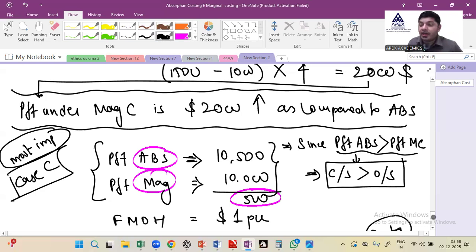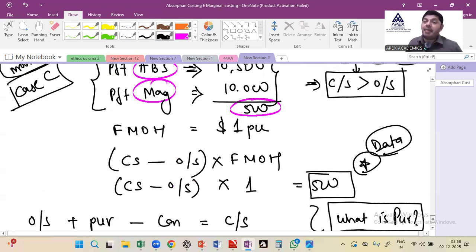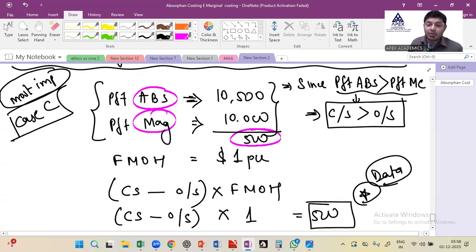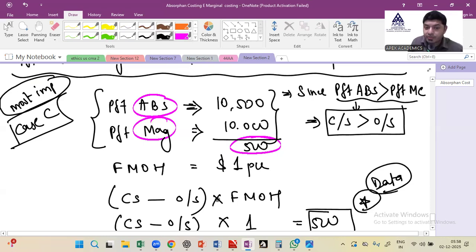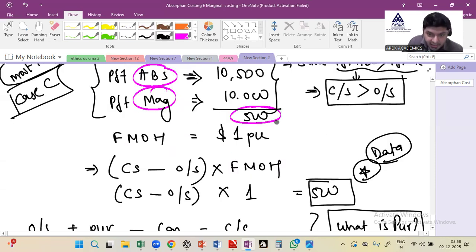The difference in profit under marginal and absorption is given to us by closing stock minus opening stock multiplied by fixed manufacturing overheads. So in our case, the difference in profit is 500. That is nothing but closing stock minus opening stock multiplied by fixed manufacturing overhead, which is 1.